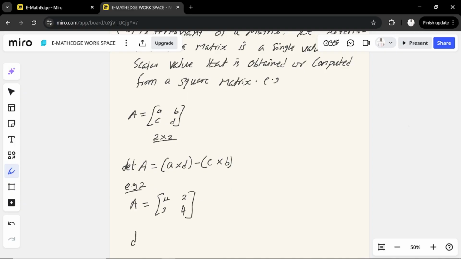So the determinant of A is going to be the product of the diagonal elements, which is 4 multiplied by 4, minus the product of the other diagonal, which is 3 multiplied by 2, right?